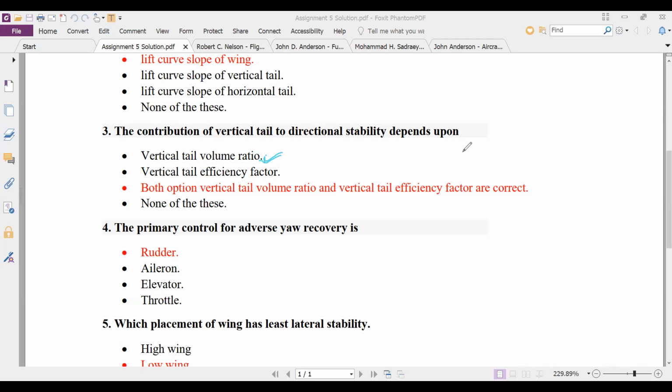Sir, I know the formula. Yeah, tell us. We only need formulas.